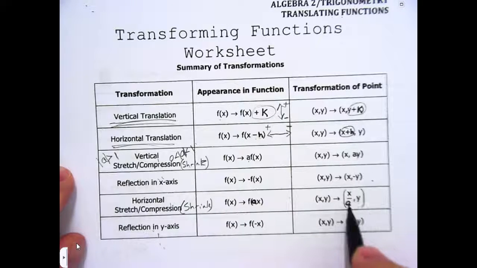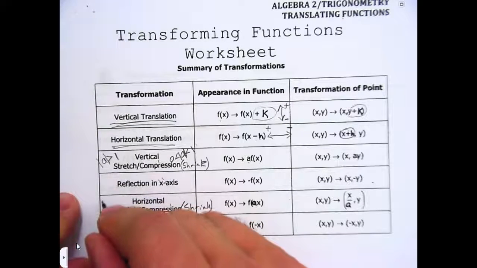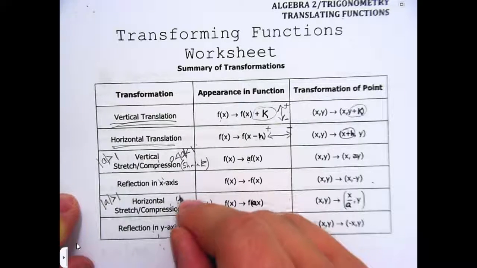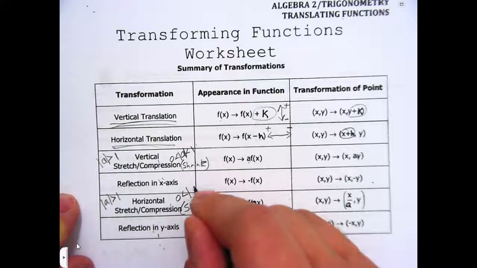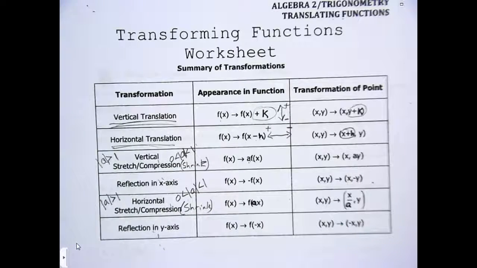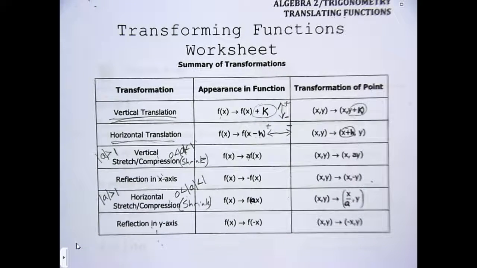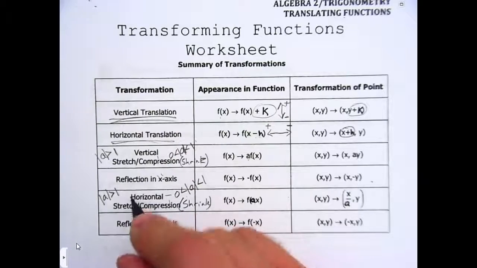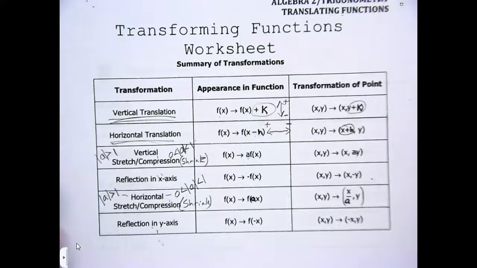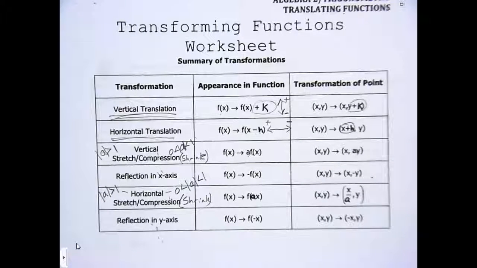It affects the input. And the stretch is, once again, when the absolute value of A is greater than 1. And the shrink is when the absolute value of A is greater than 0 but less than 1. Okay, that we have covered in the last 2 days. I'm about to show you reflections, which are pretty darn easy.